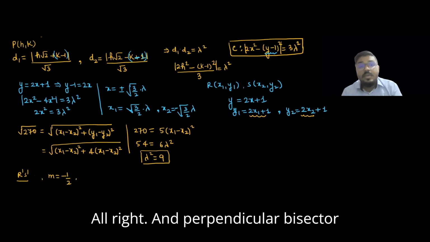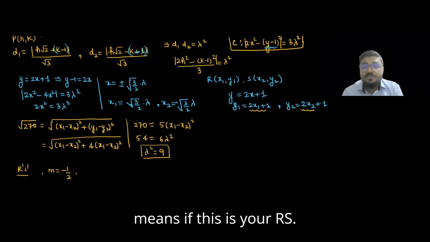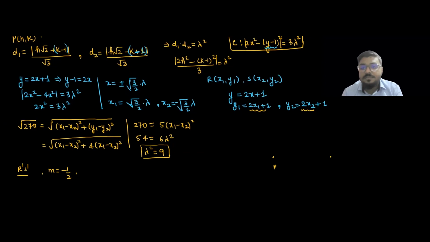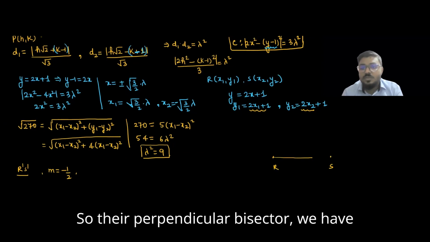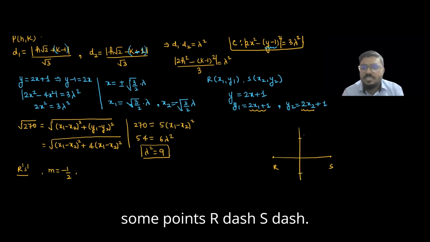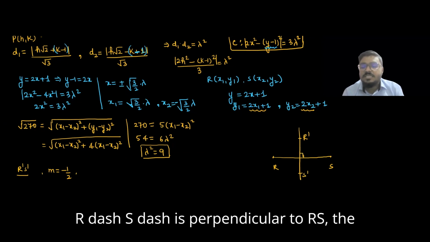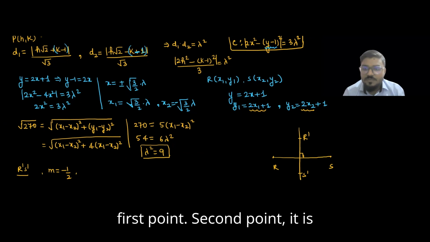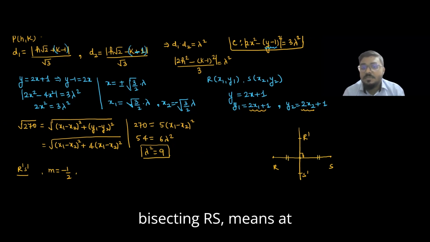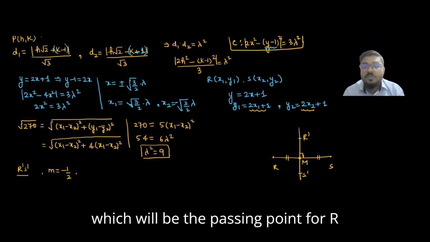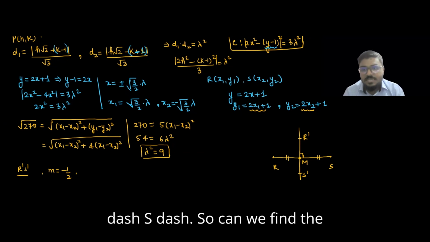All right. And perpendicular bisector means if this is your RS, then the perpendicular bisector has some points R dash S dash. So first, this line R dash S dash is perpendicular to RS. Second, it is bisecting RS at M, the midpoint of RS, which will be the passing point for R dash S dash.